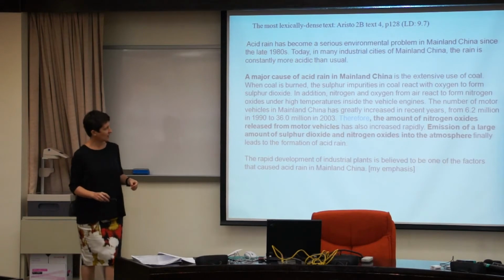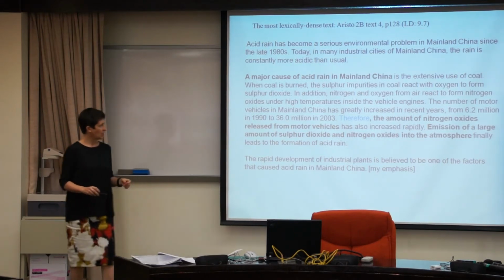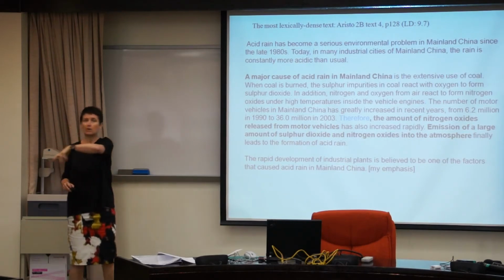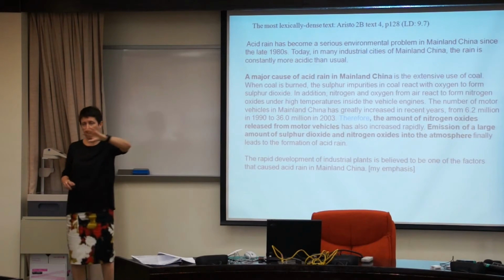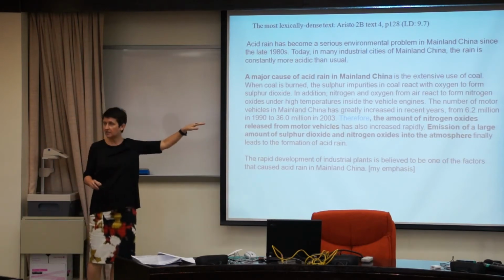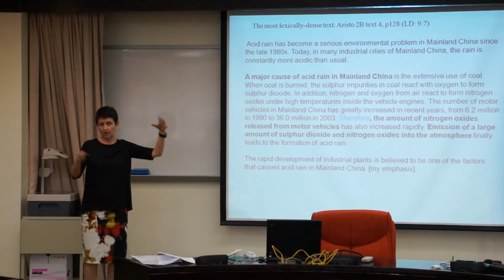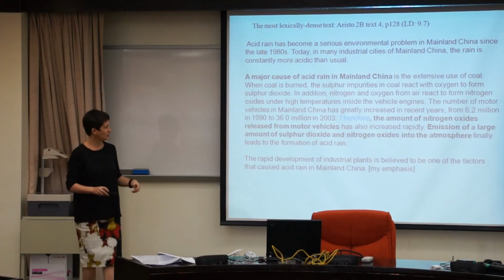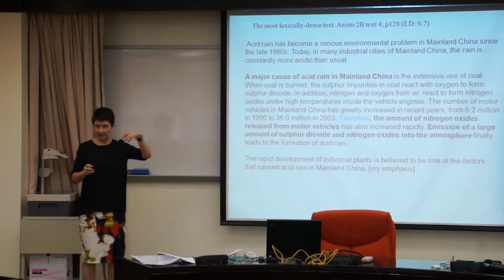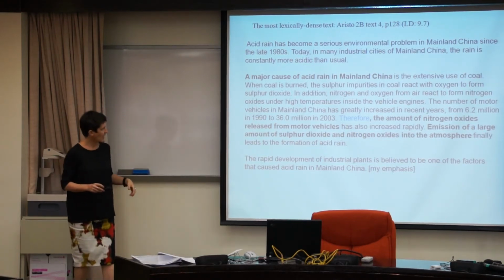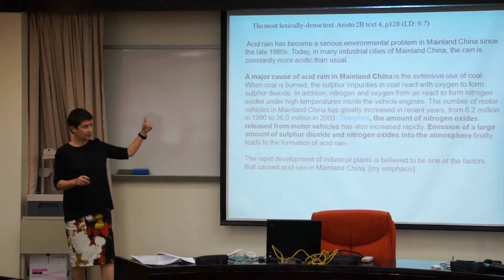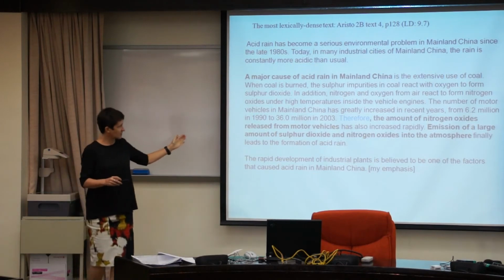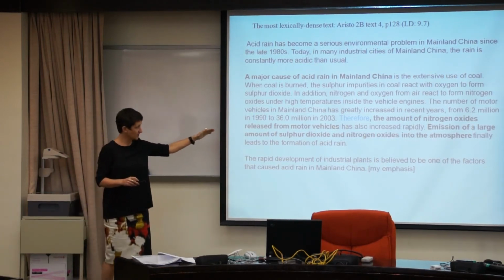And again, I've just highlighted a couple of areas. At the beginning, you've got acid rain as one nominal group, mainland China as another, and then in the first highlighted nominal group, you've got both of those ideas coming in together. So here, not clauses but phrases embedded. And then it talks about the production of sulfur dioxide and nitrogen oxides and inside cars.